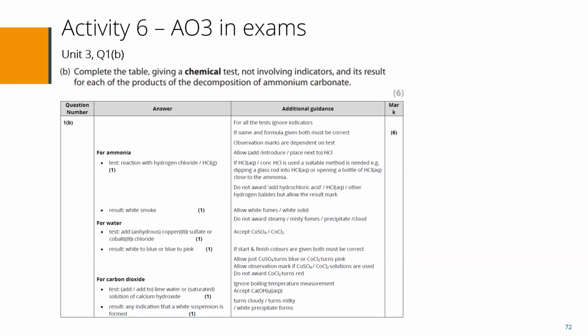The test for water is add anhydrous copper 2 sulfate, or add cobalt 2 chloride. The result is white to blue for copper 2 sulfate, or blue to pink for cobalt 2 chloride. For carbon dioxide, lime water or a solution of calcium hydroxide, and the result is white suspension, allow white precipitate, or allow turns cloudy or turns milky.